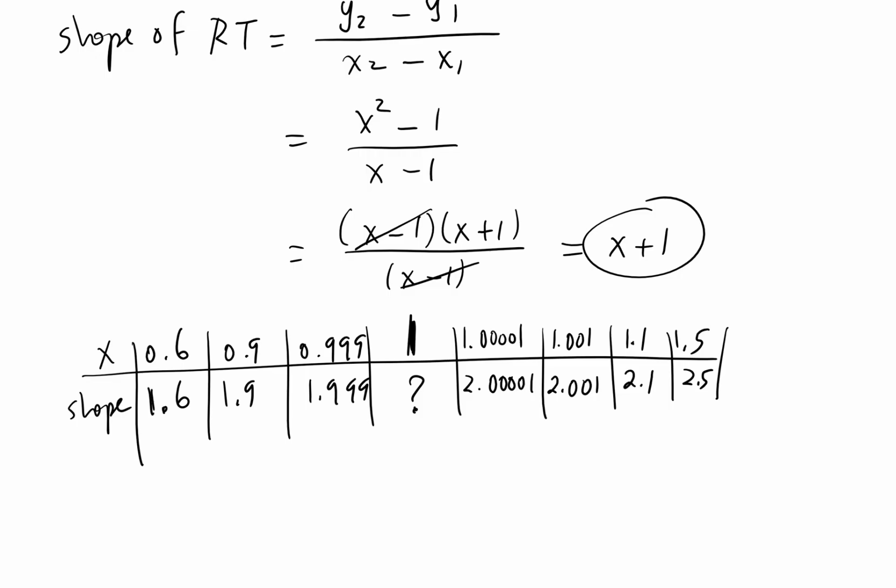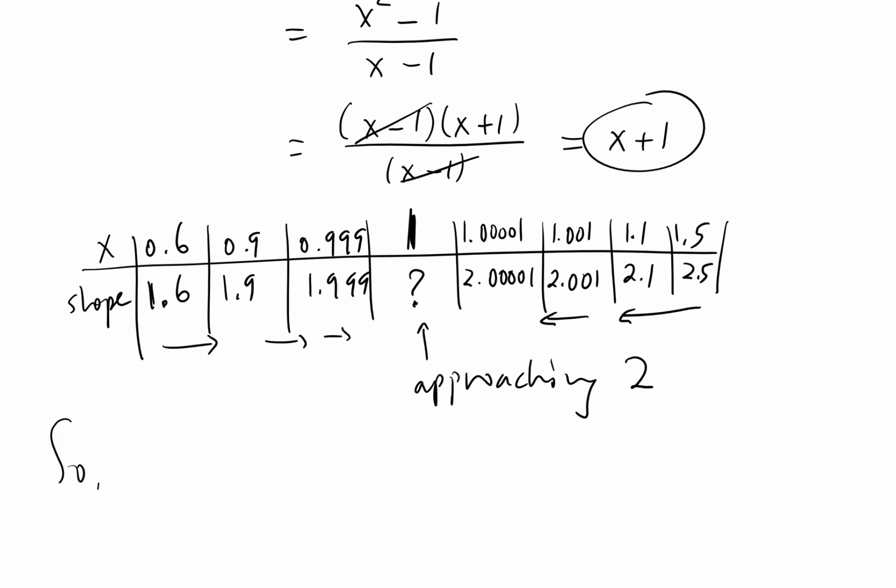Notice what's happening. If we approach from both sides, the values from the left side are growing toward some value, and the ones on the right side are approaching that same value. They are approaching 2, right? So we can say that the slope of the tangent line, m, is 2 at the point (1, 1).